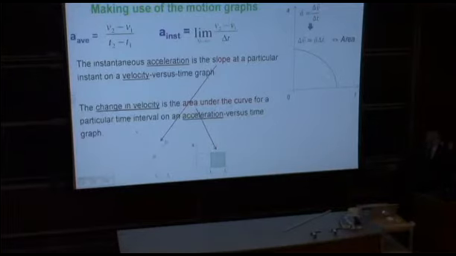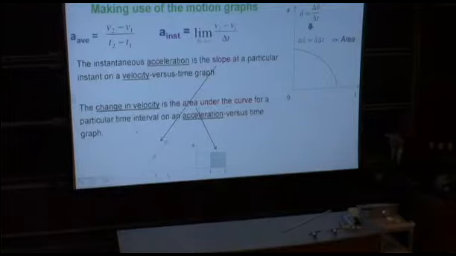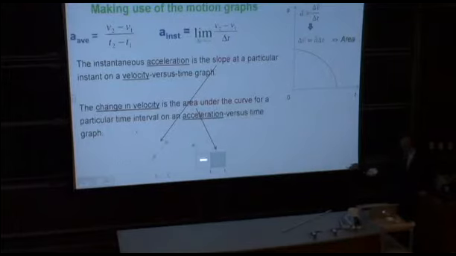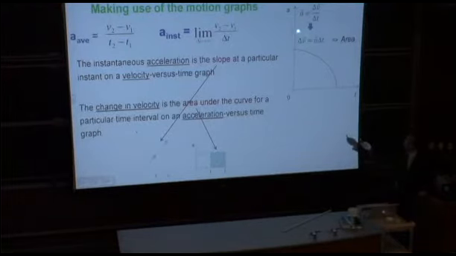Remember, we said that the area covered by the graph of velocity as a function of time is equal to the displacement. Here we have a similar relationship. The area covered by the graph of acceleration as a function of time will be equal to the change in the velocity.